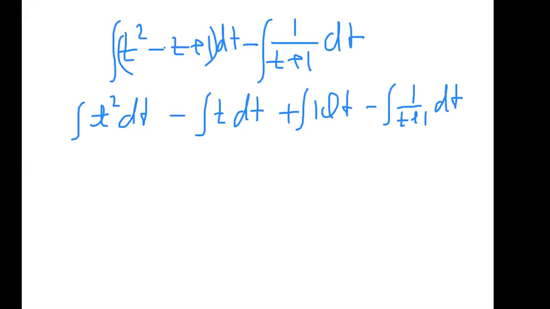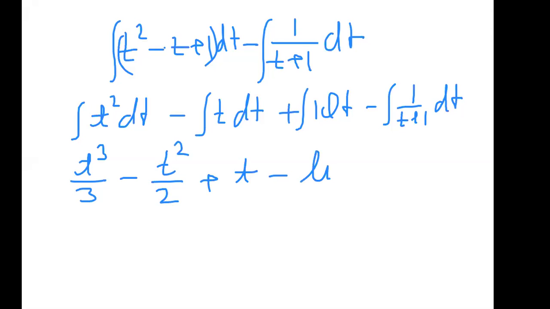So integral t square will be t to power 3 by 3 minus t to power 2 by 2 plus integral of 1 will be t minus log mod t plus 1 plus c. I'm writing 1 a little bit in the way so that 1 and mod should be distinguishable.